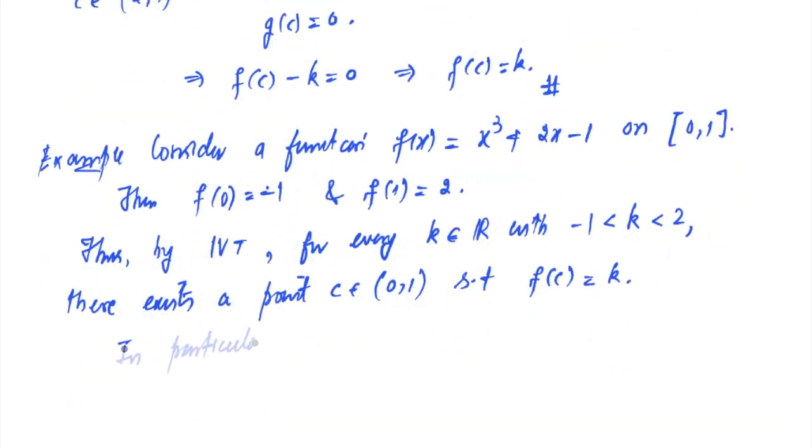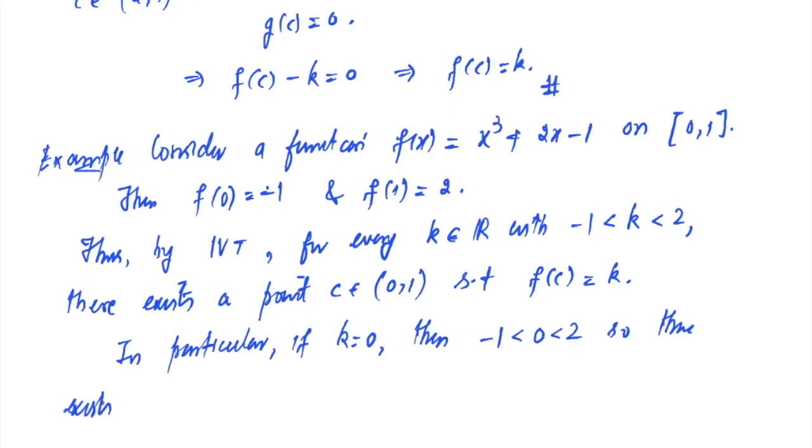Now in particular, if k is equal to 0, then minus 1 is less than 0 is less than 2, so there exists c belonging to the open interval 0, 1 such that f of c is equal to 0. That means this polynomial x cubed plus 2x minus 1 has at least one root in the open interval 0, 1. So this is an application of the intermediate value theorem.